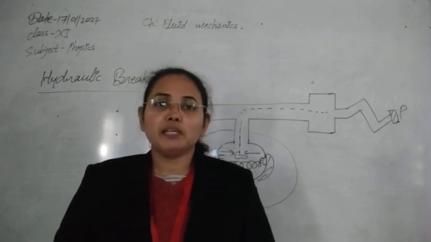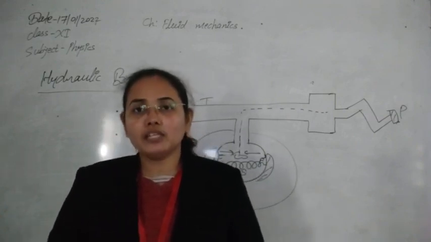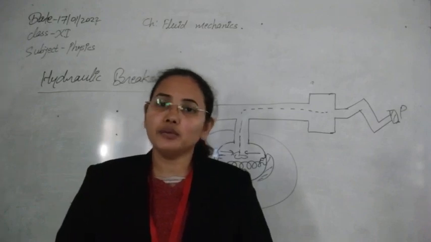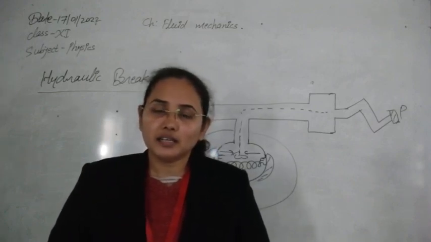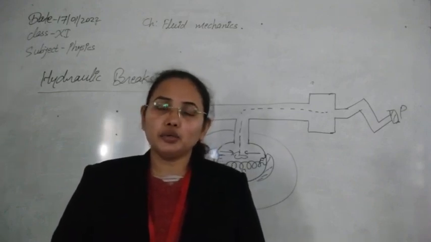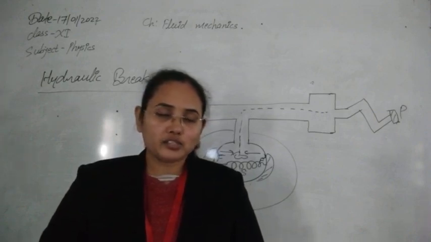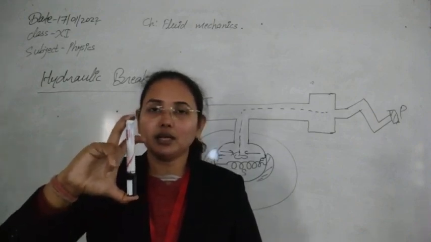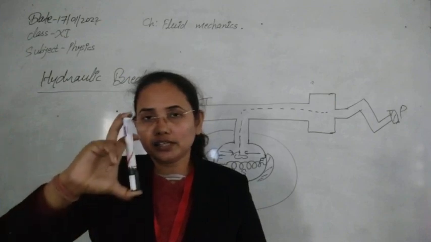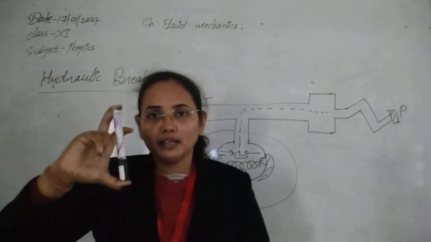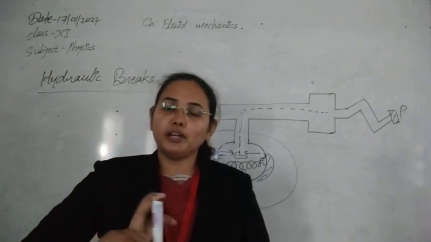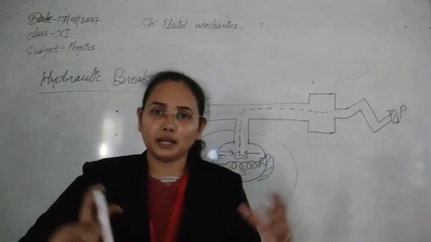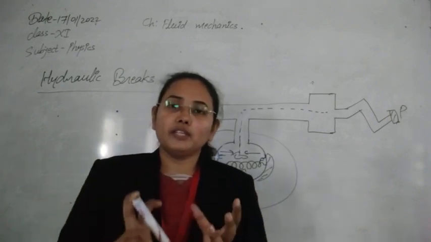The first experiment for the calculation of atmospheric pressure was done by Torricelli using mercury. He took mercury in a test tube, put his thumb over it, and dipped the whole test tube in a bowl filled with mercury.